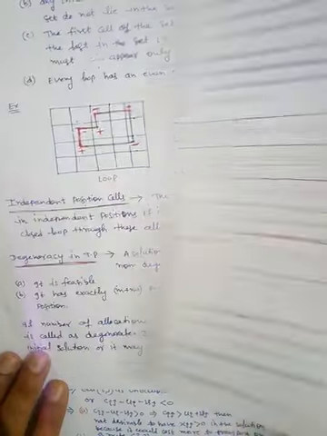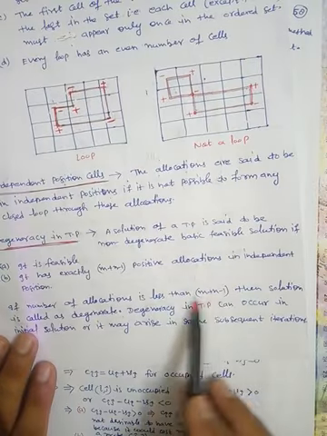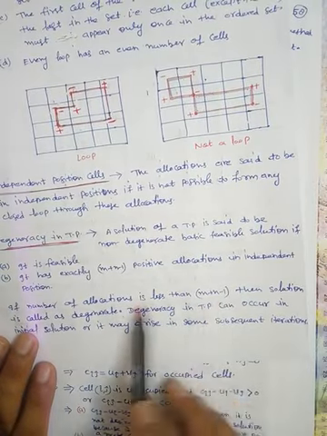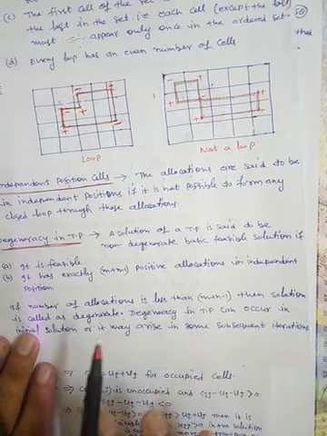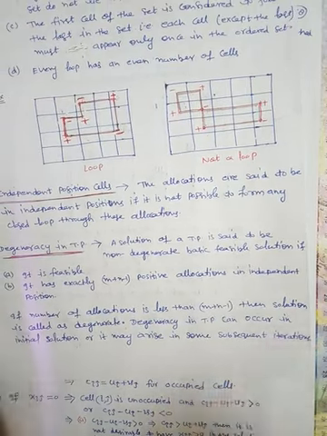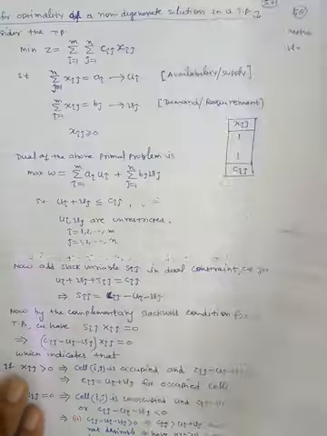Fine. And reason is this, because we have m plus n minus 1. Number of allocations is less than m plus n minus 1. So this is a case of degeneracy. How to resolve this? Let us see.